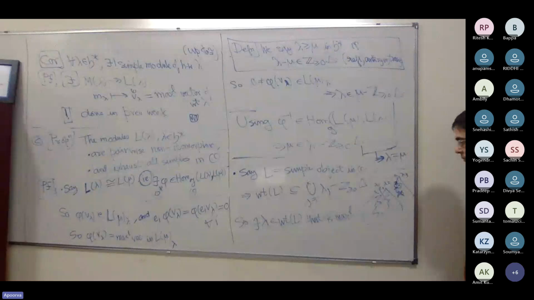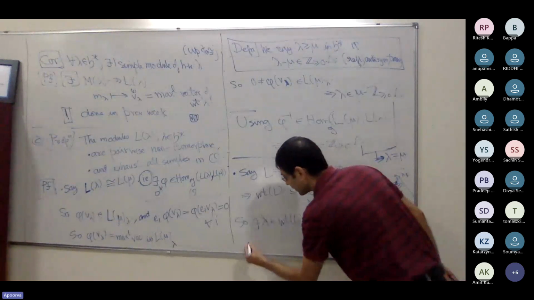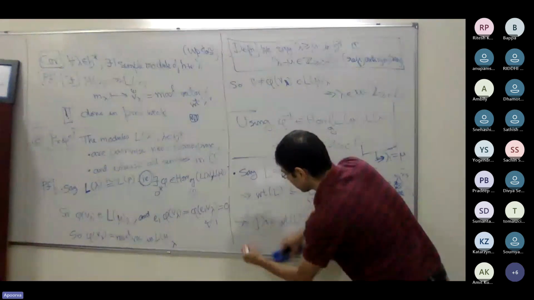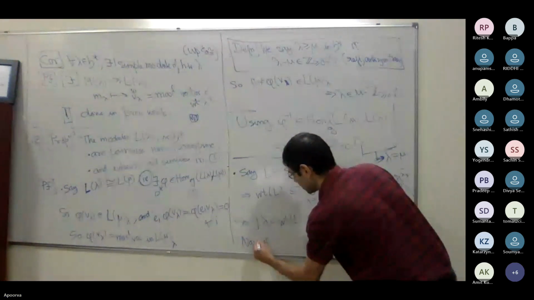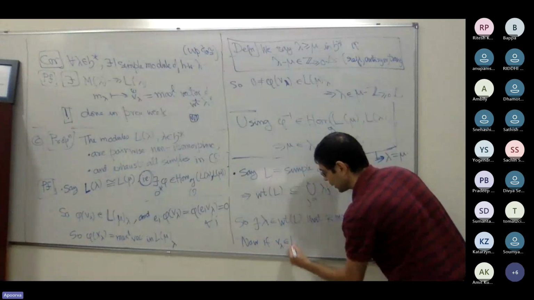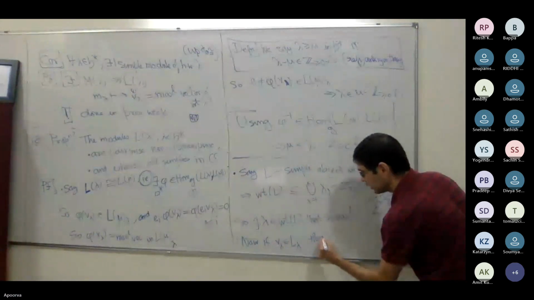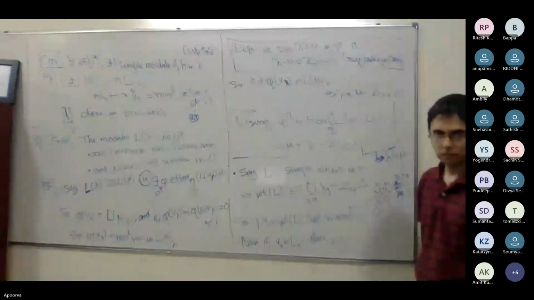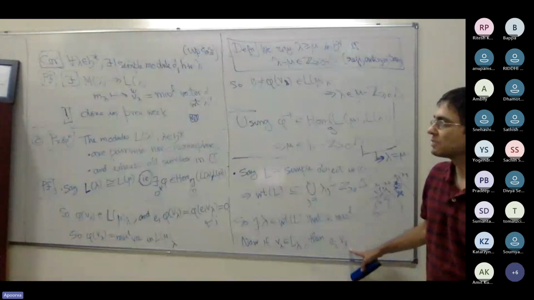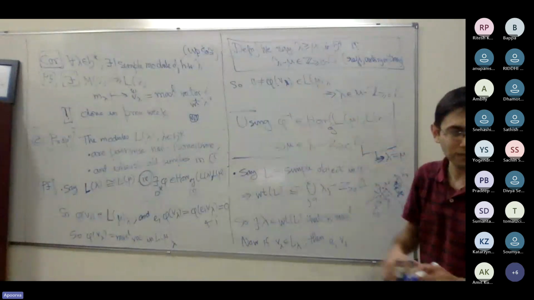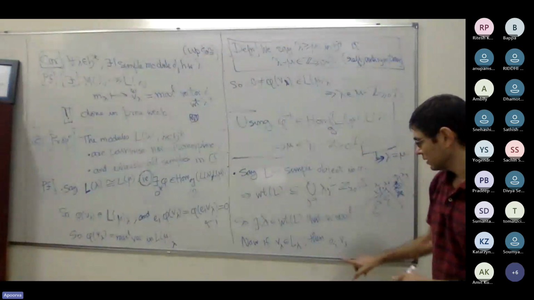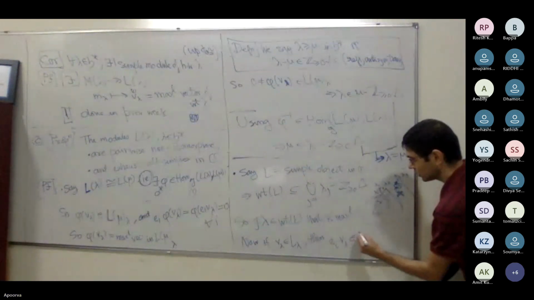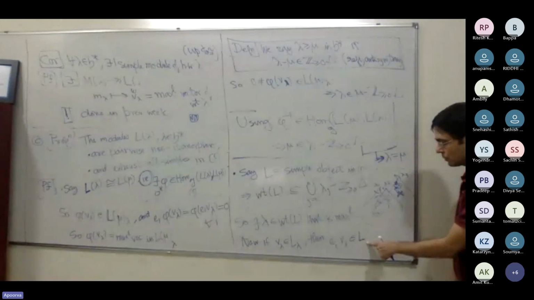Great. So now what does that mean? If v_lambda belongs to L_lambda, then what can you say about e_i times v_lambda? What is the weight of e_i times v_lambda?